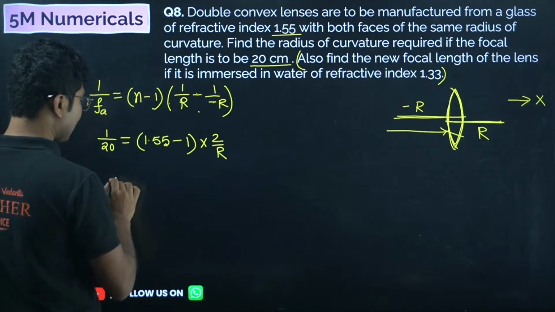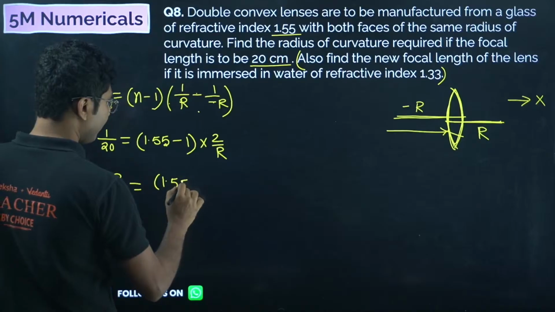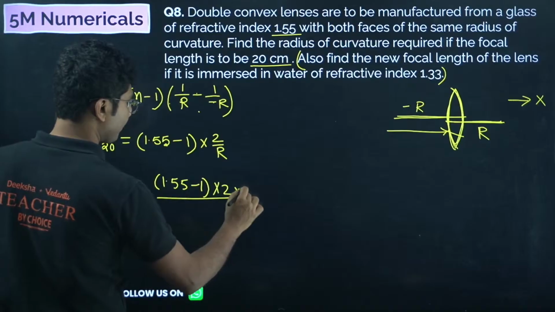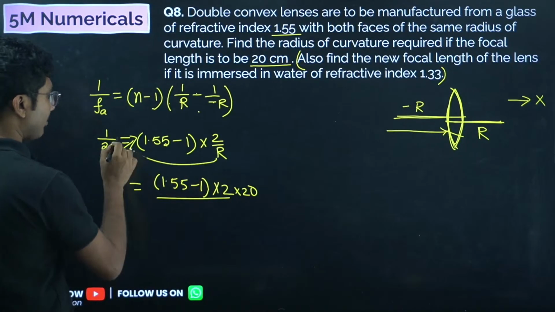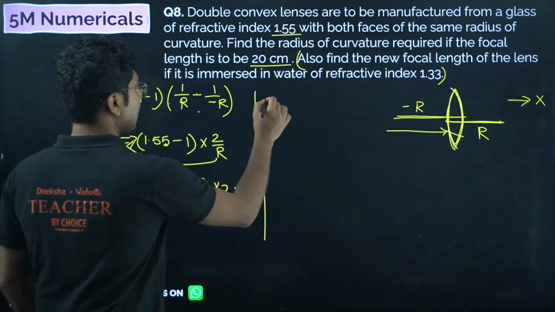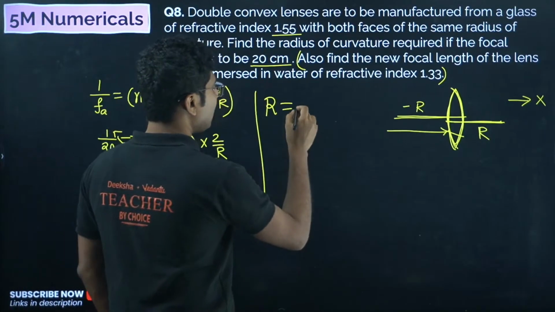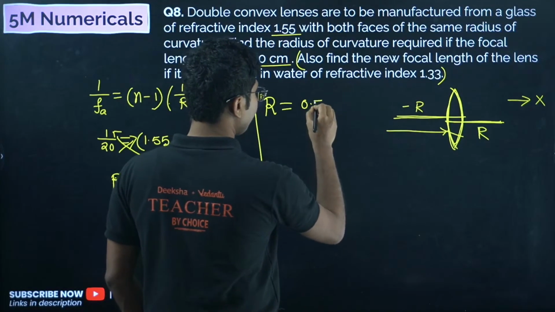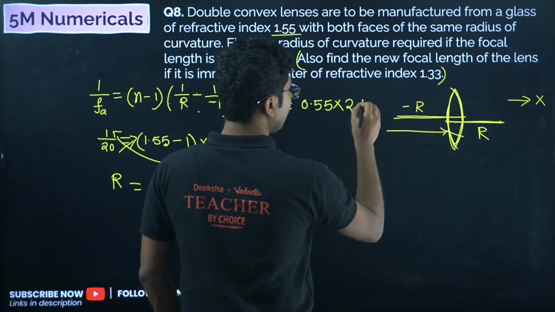From here we can calculate r equals (1.55 minus 1) into 2 into 20. Cross multiply, so the 20 goes here and this r comes here. So r equals 0.55 into 2 into 20.